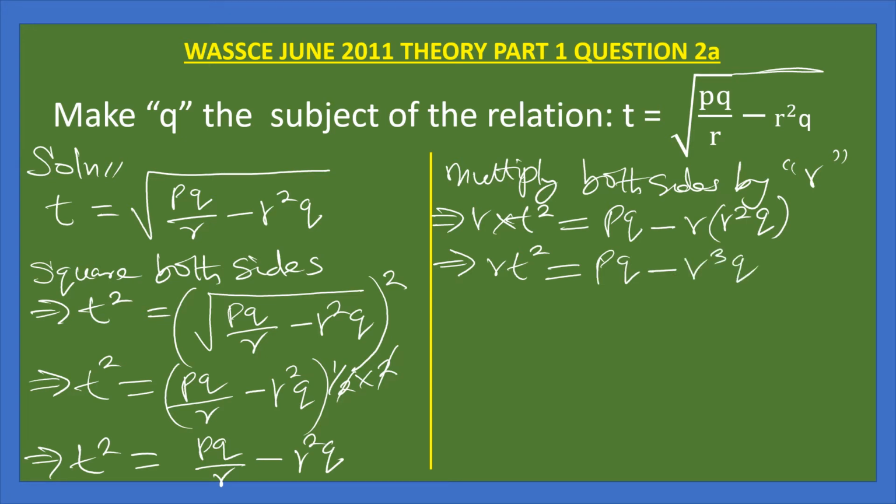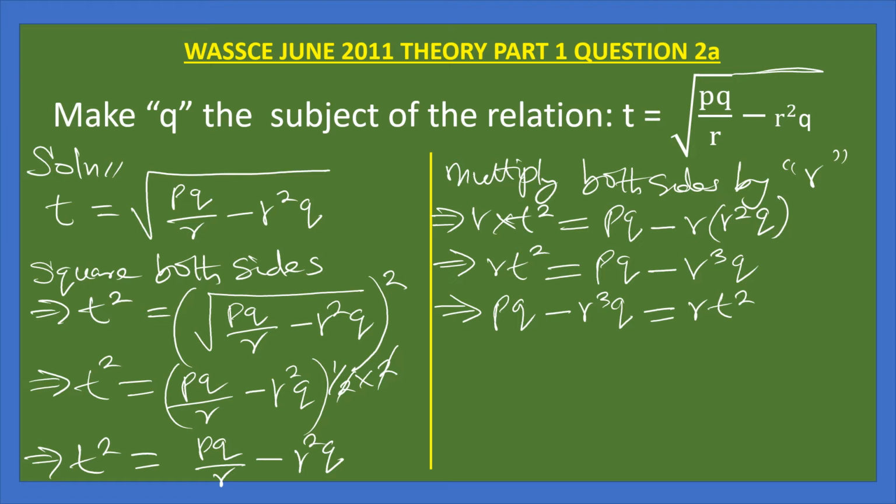Now the next step, we are looking for Q. Now this equation can be written as PQ minus R cube times Q as equal to RT squared. We have not changed anything. It's still the same thing. So what do we now do?